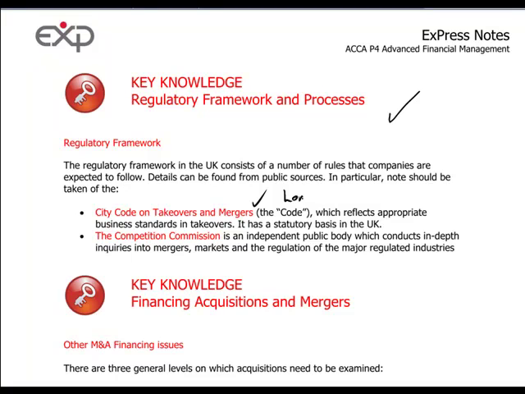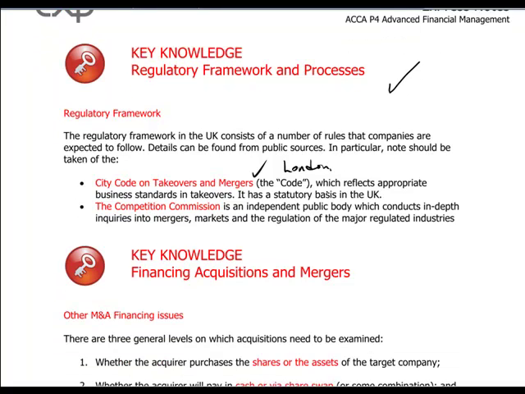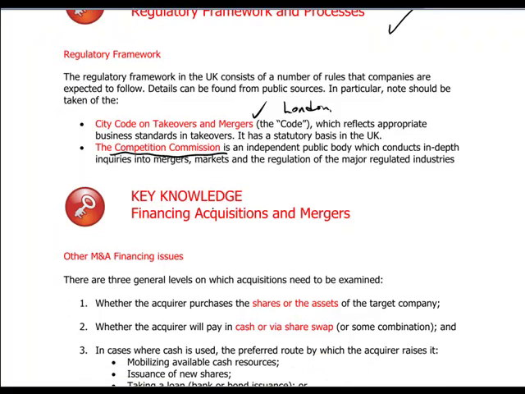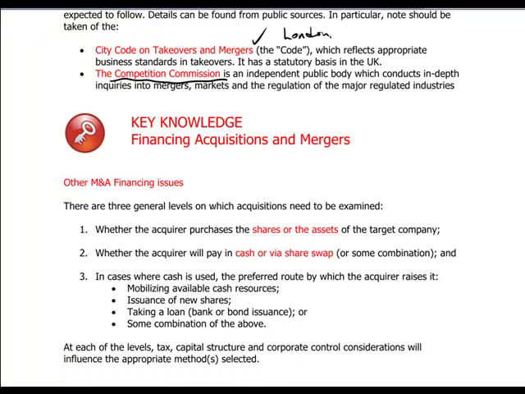That City Code is referring to London in the UK. And also, as senior managers, one is expected to take into account all factors, including possible objections from the Competition Commission if the resulting acquisition would constitute a restraint on a competitive market being able to operate.